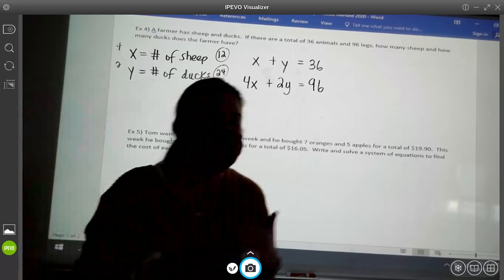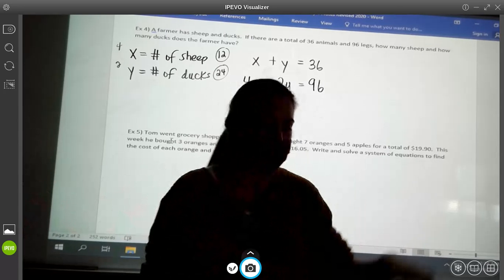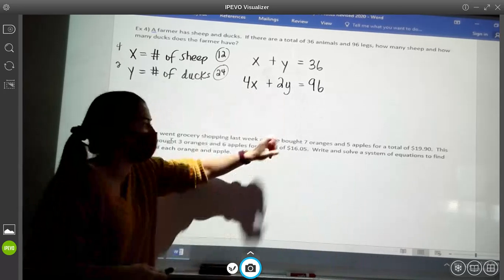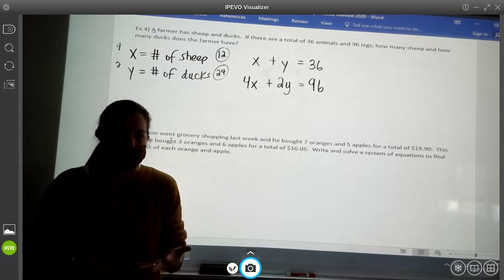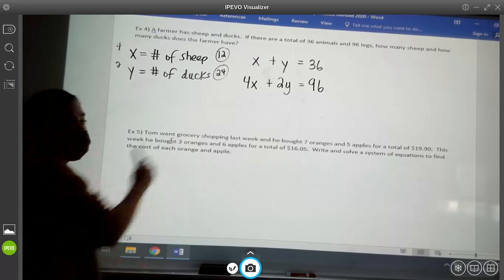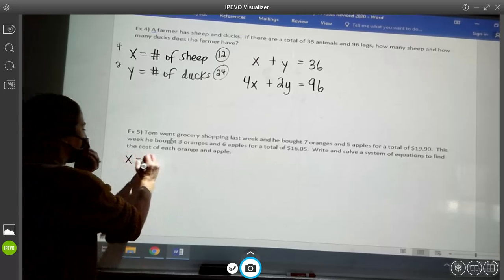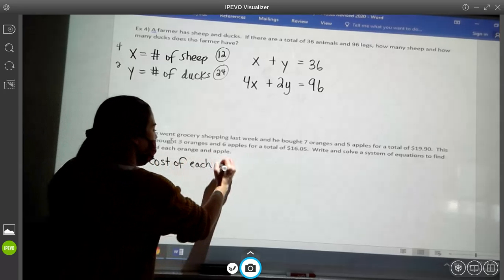This time they told us the number, but they didn't tell us the cost. So it's a little bit backwards, but we can still set it up the same way. All right, so we are being asked to find the cost of each orange and apple. So let's let X equal the cost of each orange. And let's let Y equal the cost of each apple.